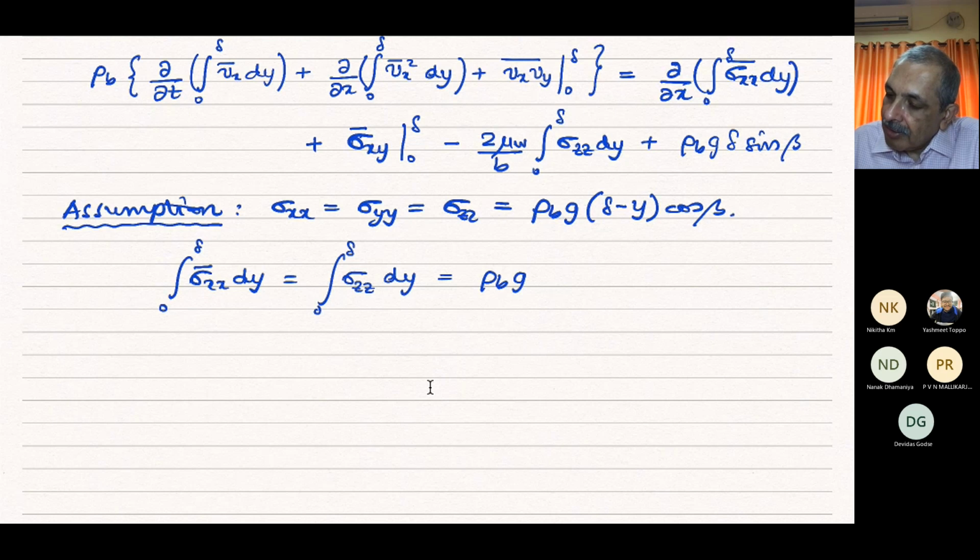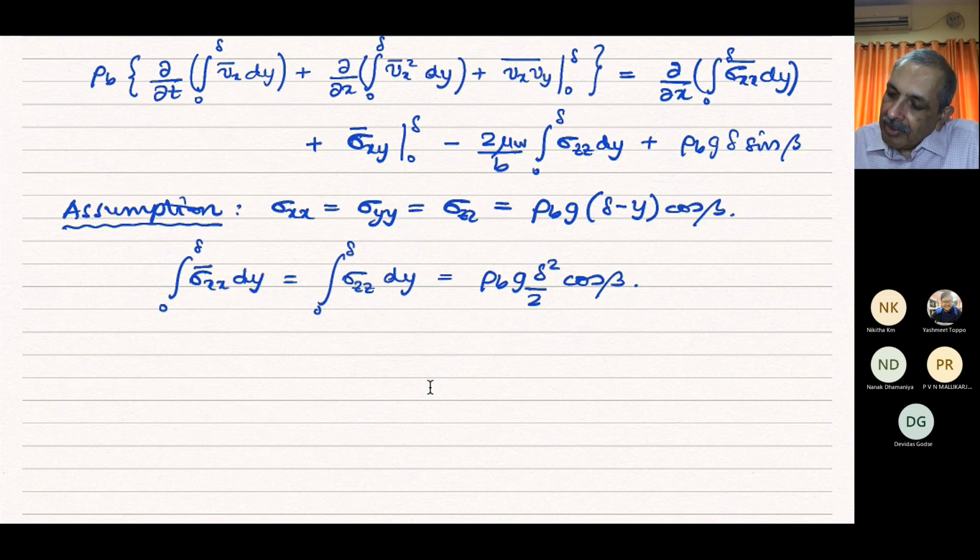If you integrate this with respect to y and go from 0 to delta, what you will get is rho b g delta squared by 2 into cos of beta. So for both these we have something.